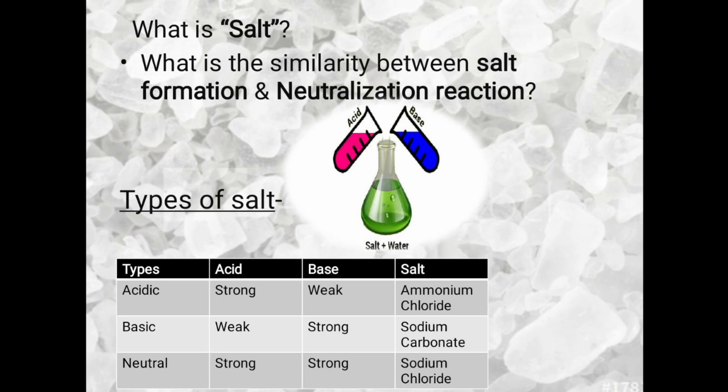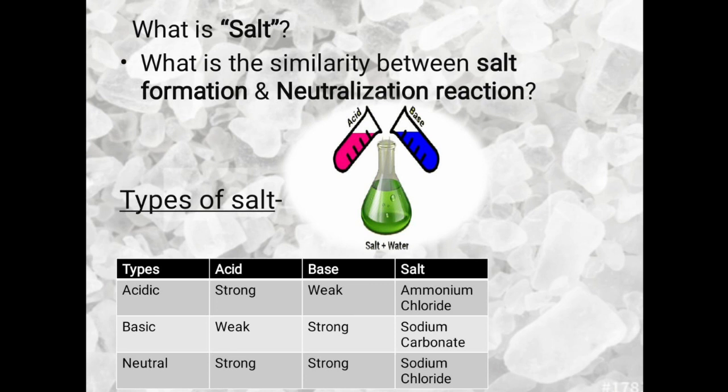Similarly, in the basic type, a weak acid reacts with a strong base. For example, weak acid, carbonic acid, and strong base, sodium hydroxide. When they react with each other, it forms sodium carbonate, which is a basic salt.